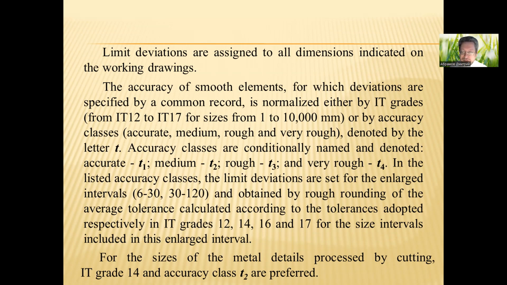In the listed accuracy classes, the limit deviations are set for the enlarged intervals from 6 to 30, from 30 to 120, and so on, obtained by rounding of the average tolerance calculated according to the tolerance adopted respectively in IT grades 12, 14, 16, and 17 for the size intervals included in this enlarged interval.